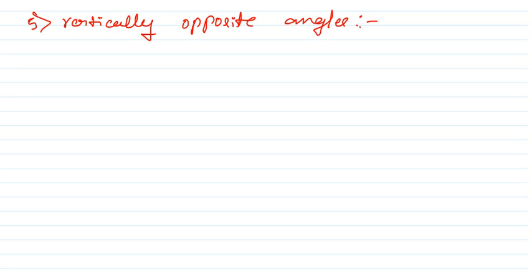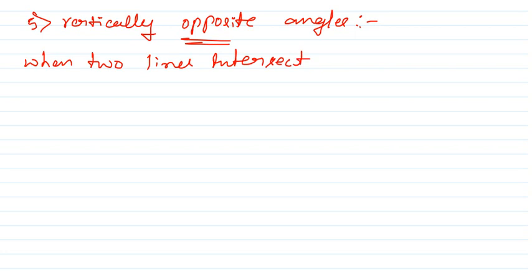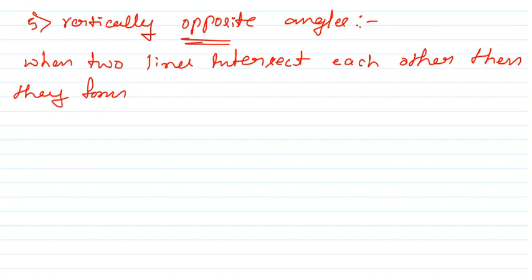So when two lines intersect each other, then they form four angles.